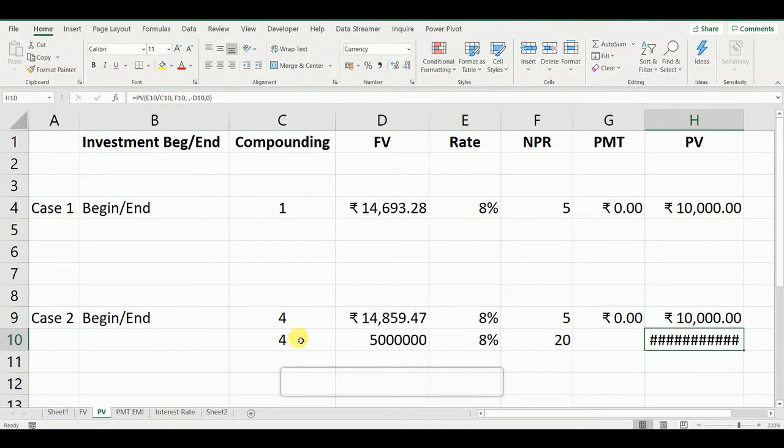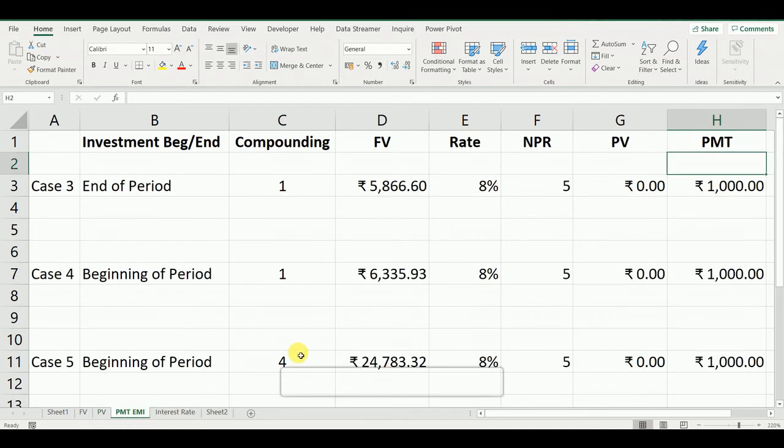Now we will move to our third formula, that is PMT. With PMT, we want to get the idea of monthly payments or quarterly payments if we want to get a lump sum amount after a certain period. So we will go to case number 3. Now in this case we want to get the amount of 5,866 and the market rate is 8% and the number of periods is 5.